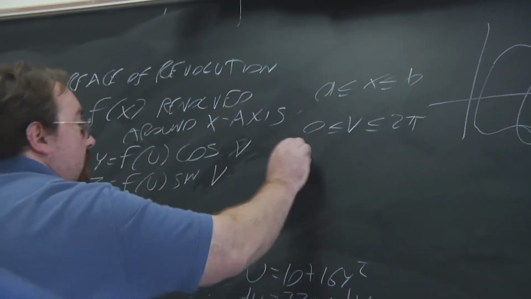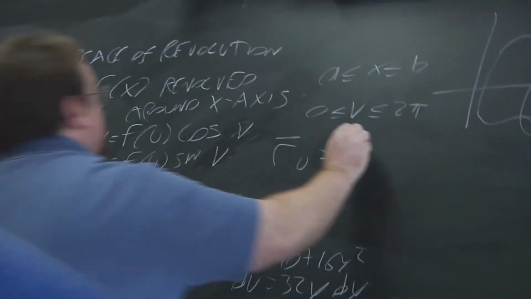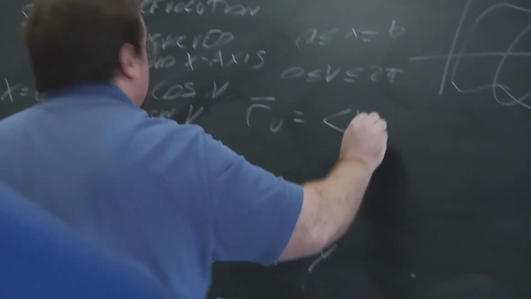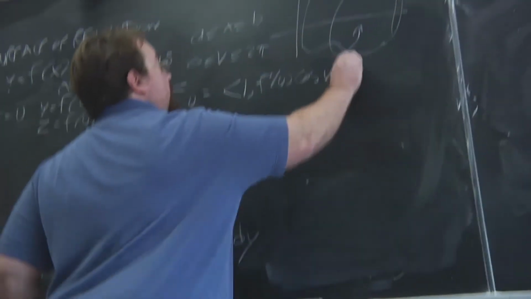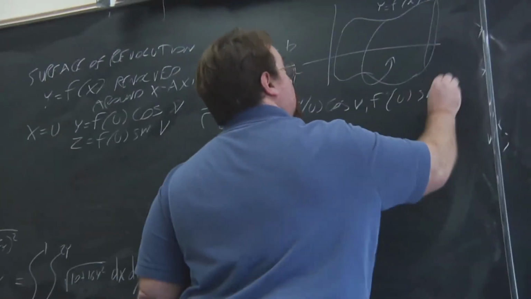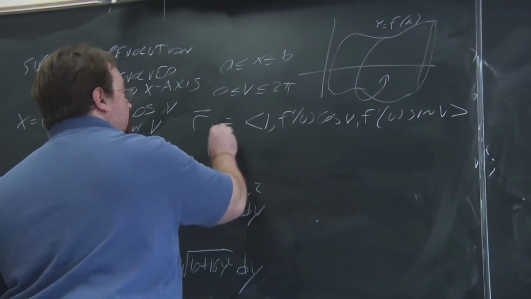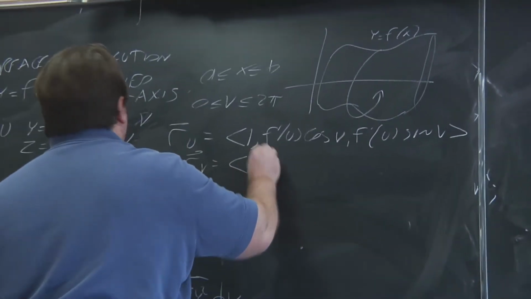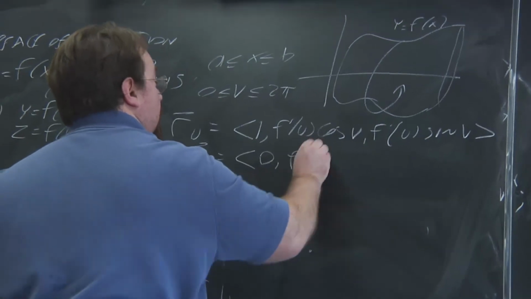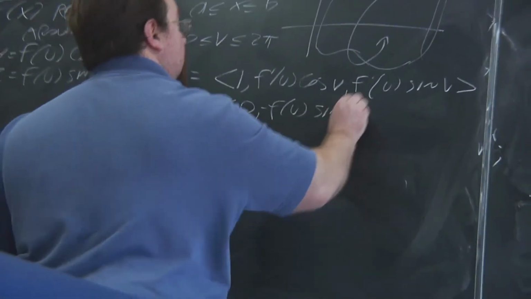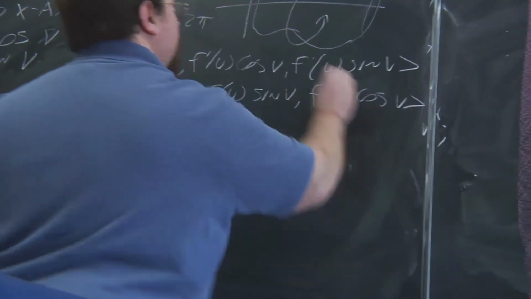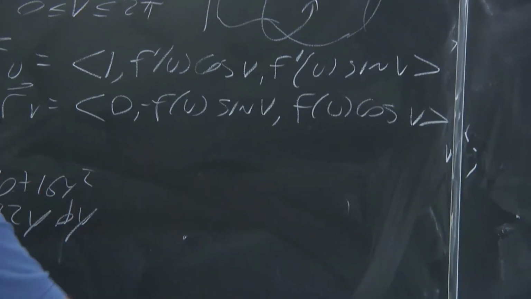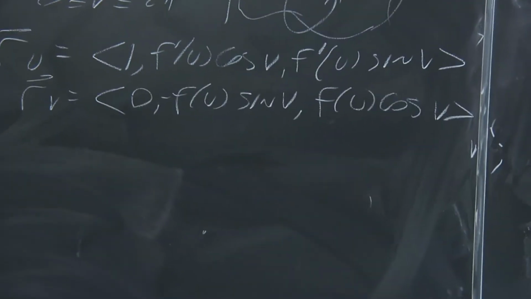So you compute your vectors. Ru is (1, f prime of u cosine v, f prime of u sine v). Rv is (0, minus f of u sine v, f of u cosine v). So now you can compute the cross product of these.